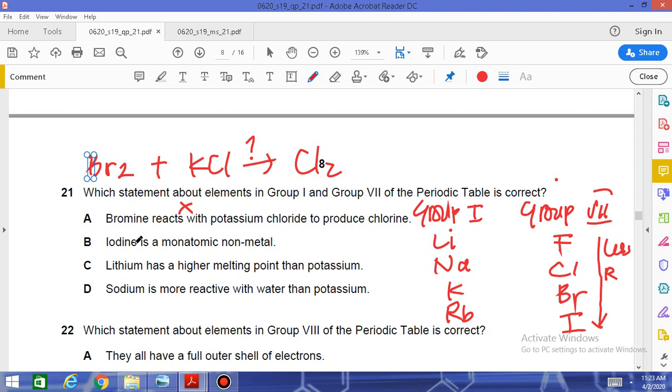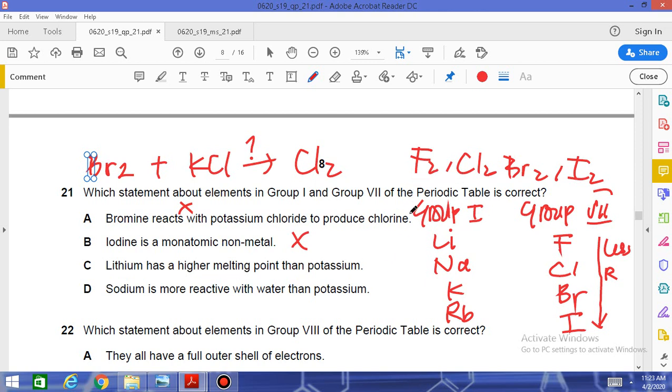Okay, next. Iodine is monoatomic nonmetal. No, it's not correct. All halogens are diatomic molecules, so F2, Cl2, Br2, and I2, not monoatomic.